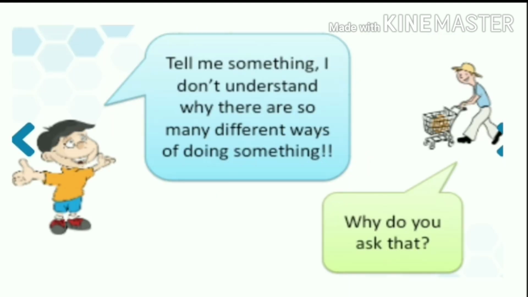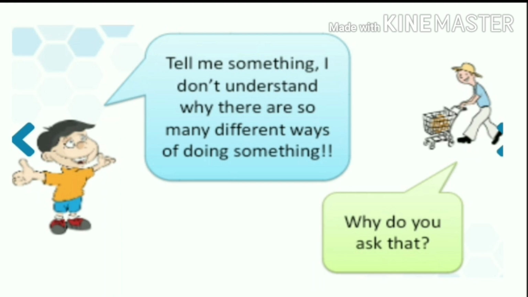See here, one question can be raised in your mind: why are there so many different ways of doing something? If you want to do any work, you can do it in many ways.